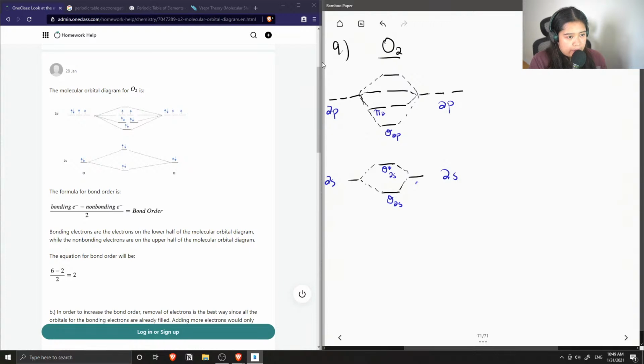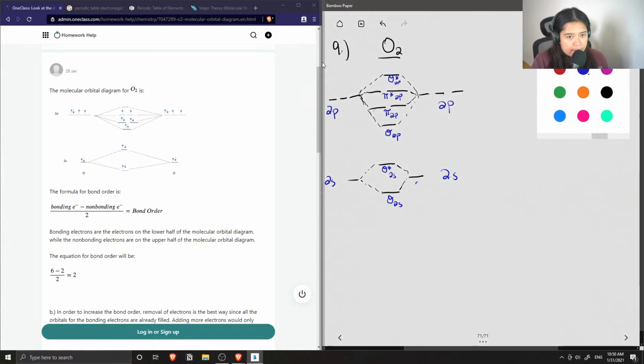So pi 2p. I'll just write it once so that it's not too crowded. And on top of that is the pi star 2p. And then at the very top is our sigma star 2p.